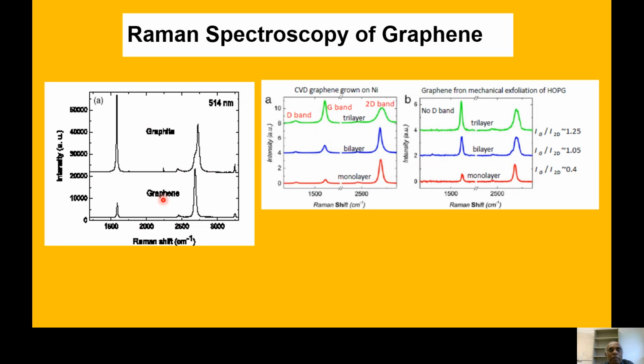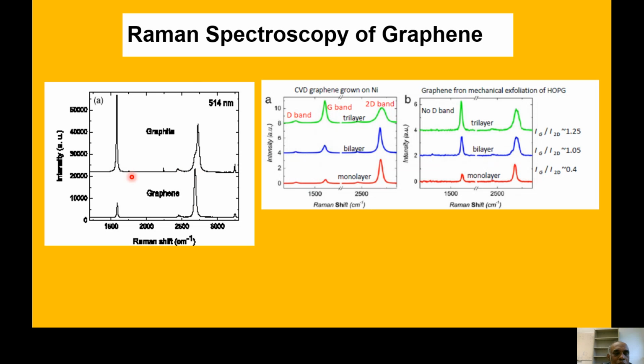If you take graphene, which is only a monolayer of this graphite, the G band becomes kind of weak, but the 2D band, the second order of that disorder band, becomes really strong. It is more than 2 times stronger than your G band. Here are some more details. You can see the D band around 1300, which is also pretty weak but still apparent here.